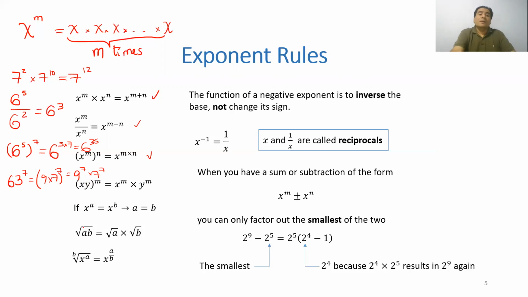Okay? Then, what happens if you have, for example, two powers with the same base, and these two powers are equal to each other? So, it follows that the exponents of these two powers must be the same. Example, they tell you something like this, okay?